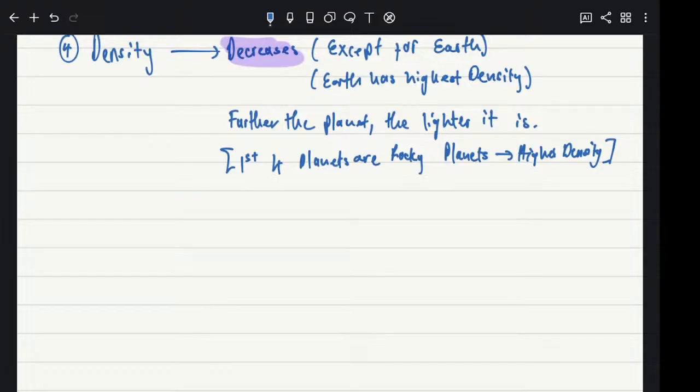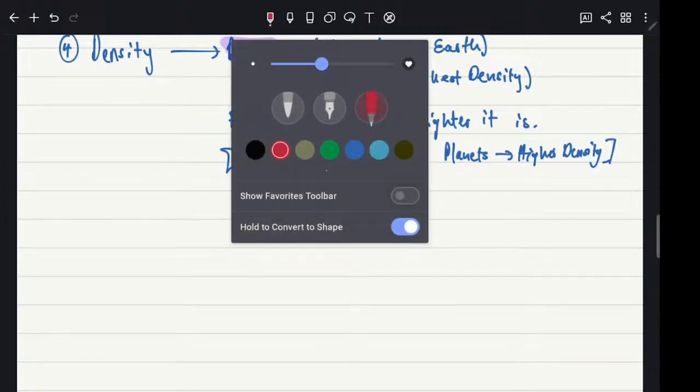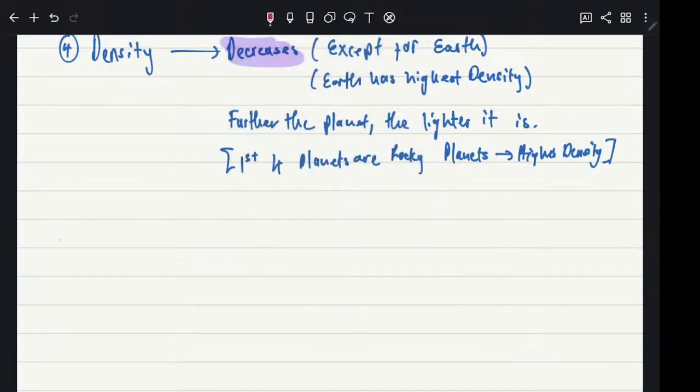Once you say the word Jupiter and Uranus and these last ones, say diameter. Say gas planets are huge, are giants.